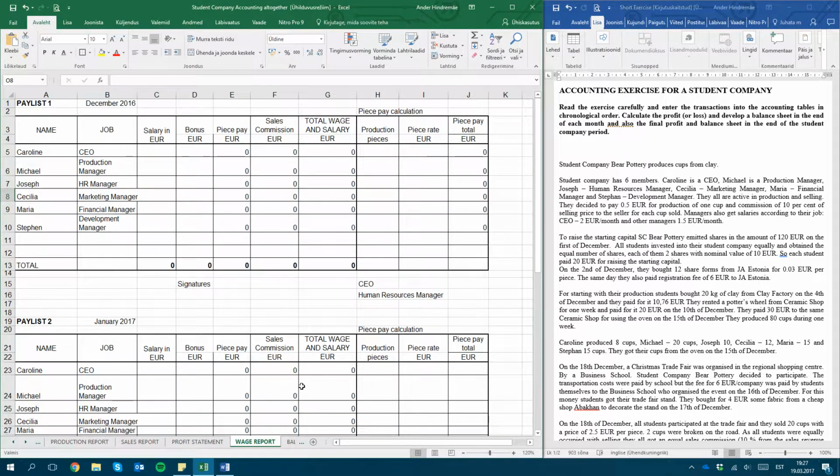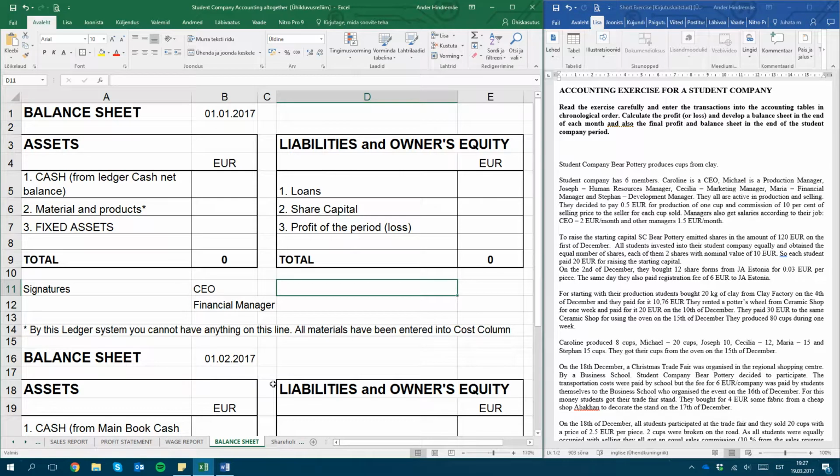Here we have the wage report, where we're going to calculate the wages for our personnel. Then a balance sheet, which tells us whether our accounting was done correctly, a good indication of it. It also gives a quick overview of all of the assets the company has, all of the liabilities, and the owner's equity.